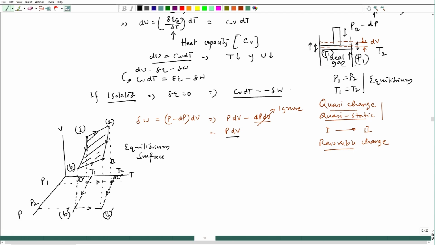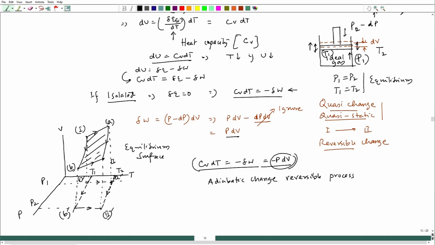Then I take this equation which is Cv dT equal to minus del W, equal to minus P dV. So this is one equation we are getting. This equation talks about adiabatic change, and since we can write this only when it is a reversible process, only then this equation can be written.